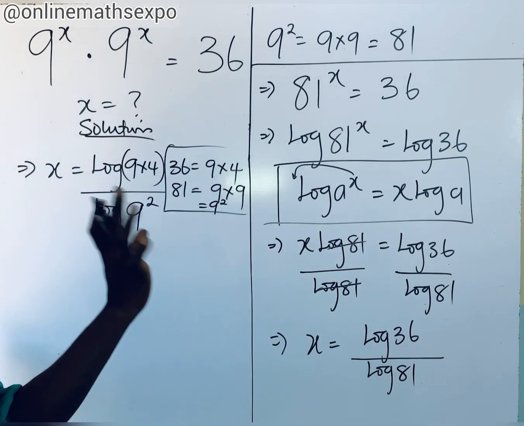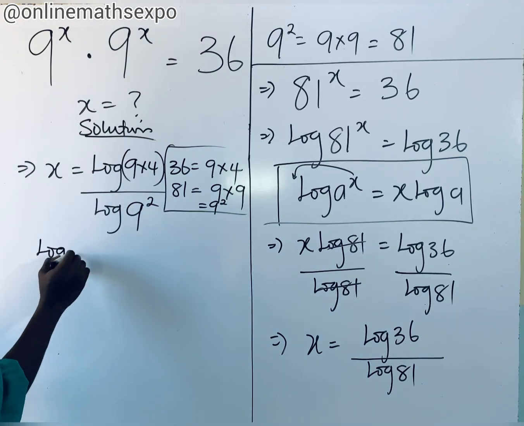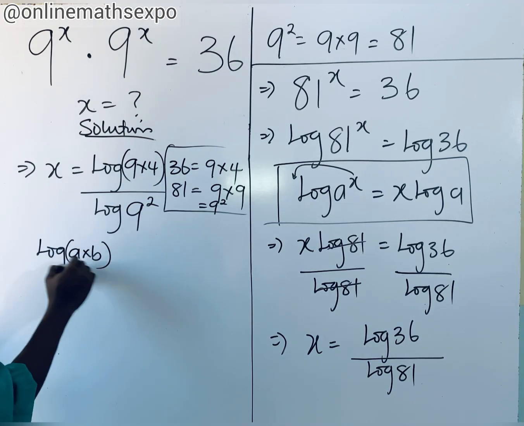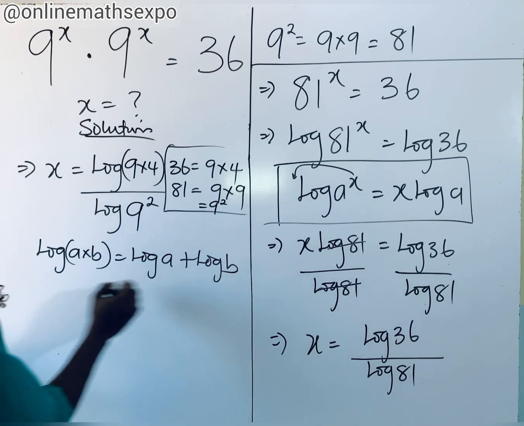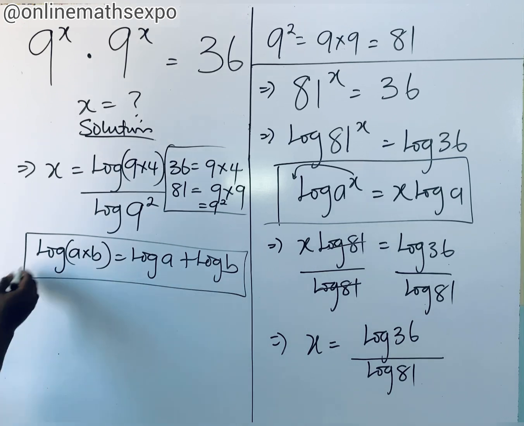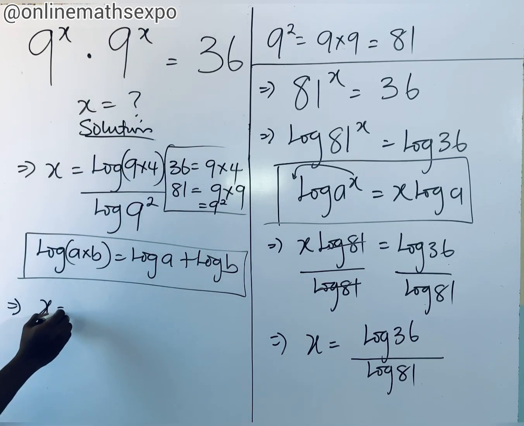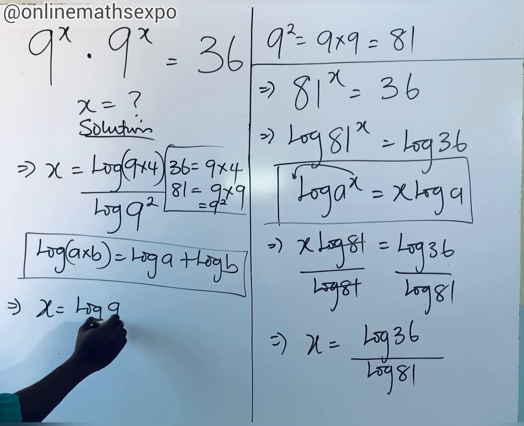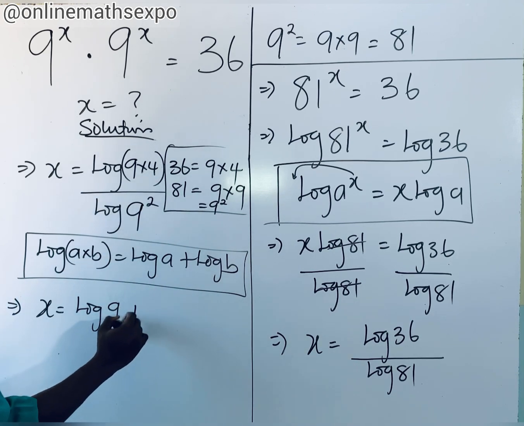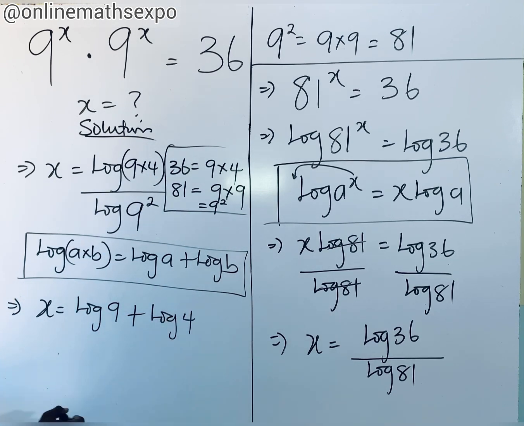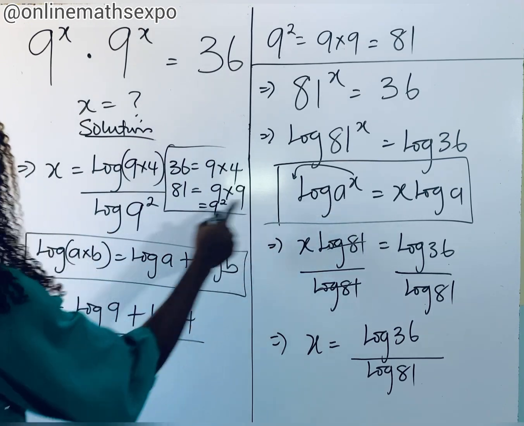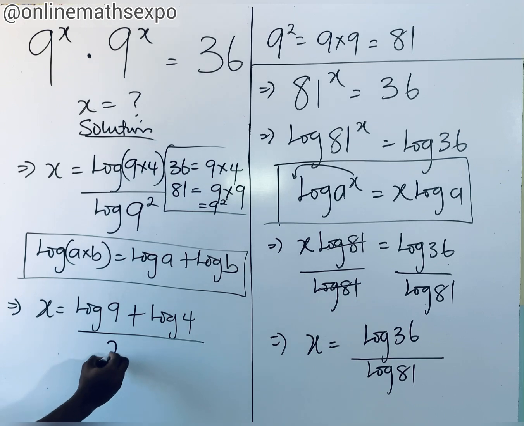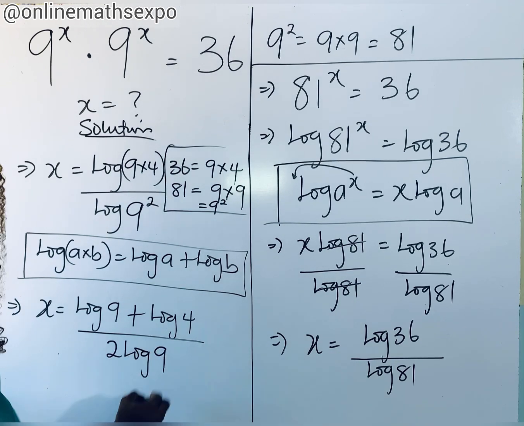Remember, for every log of a multiplied by b, it is log of a plus log of b. Apply this rule of logarithm at the numerator, and this gives us x is equal to log of 9 plus log of 4, divided by, remember this, you multiply with the power, so you have 2 log of 9.